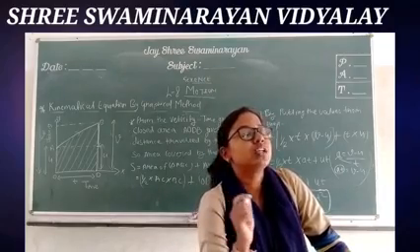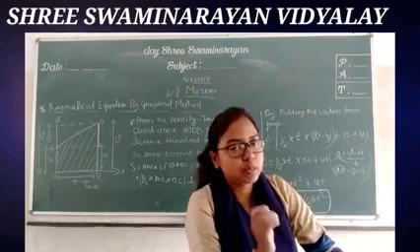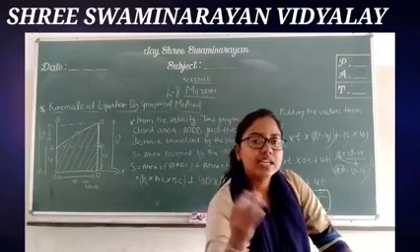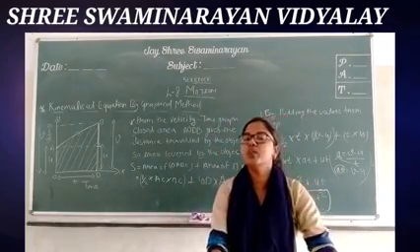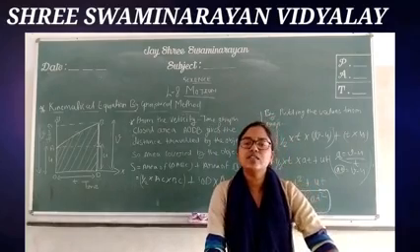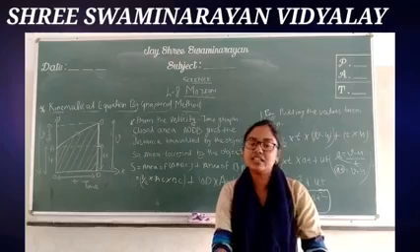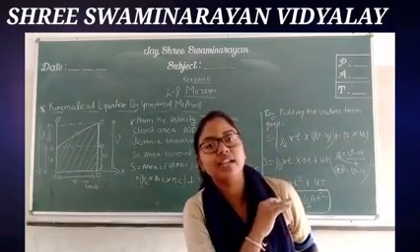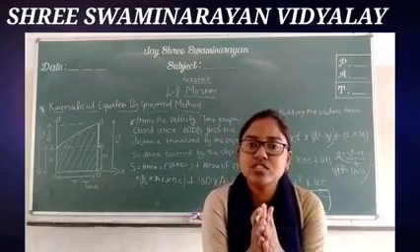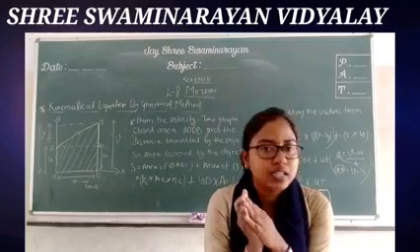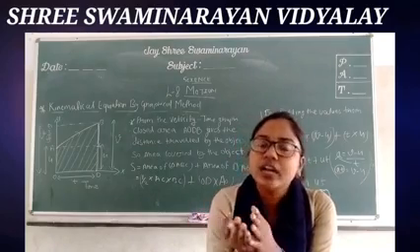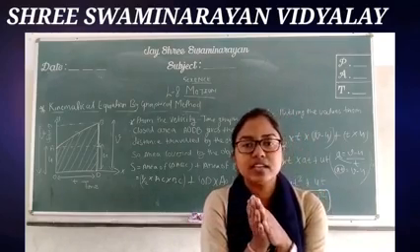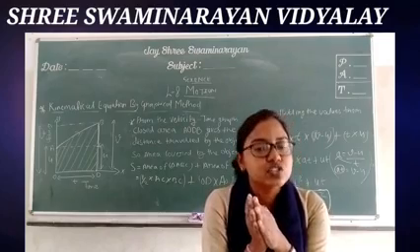Then we studied velocity, that is speed with direction, and the SI unit of velocity is also meter per second. Then we studied acceleration, that is nothing but the change in velocity with respect to time, that is final velocity minus initial velocity divided by t. And the SI unit of acceleration is meter per second square.